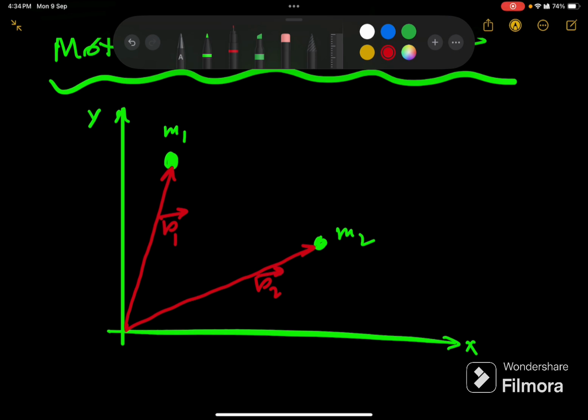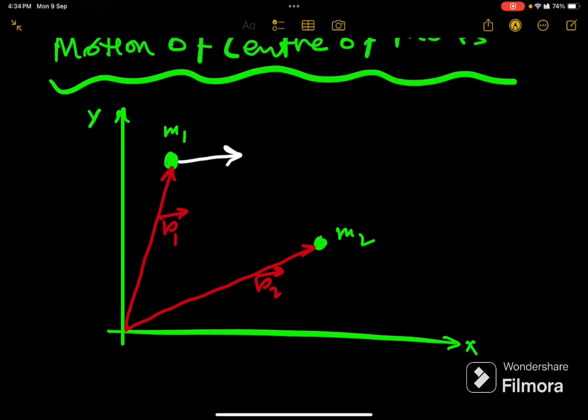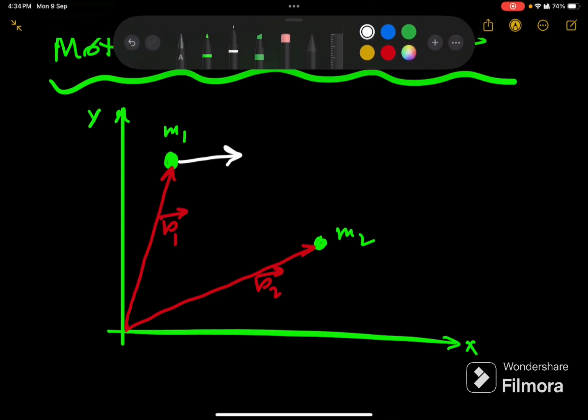Now let's assume that m1 displaces from here to here, and this mass also displaces from here to here.